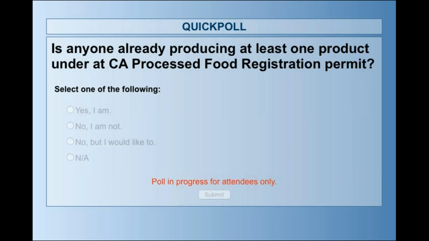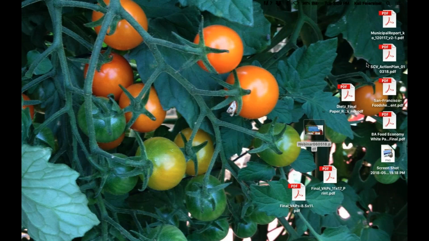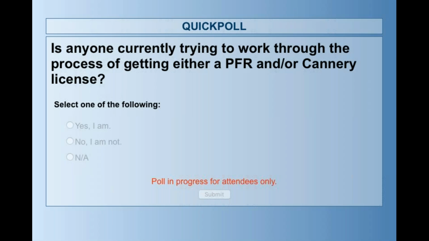So is anyone already producing at least one product under the California Processed Food Registration Permit? Great, thank you guys. And then this is our last poll for a while. Is anyone currently trying to work through the process of either getting a processed food registration permit and or a cannery license? You've gone on some of the websites or have heard about them, but don't really know where to start, or you're kind of wading into that process.